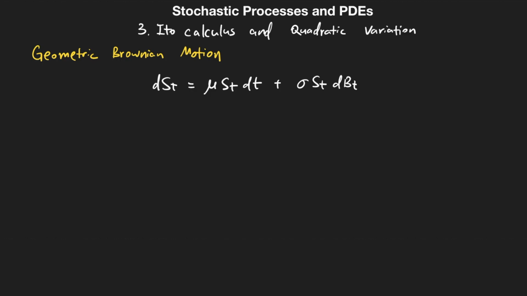And just as a reminder, the reason we like to use this equation to model stock price is because the fluctuation is with respect to the percentage. So for this equation, we have the change of the stock price over the stock price equals mu times delta t plus sigma times delta B_t. So delta S_t over S_t is the ratio, like the percentage change for the stock.